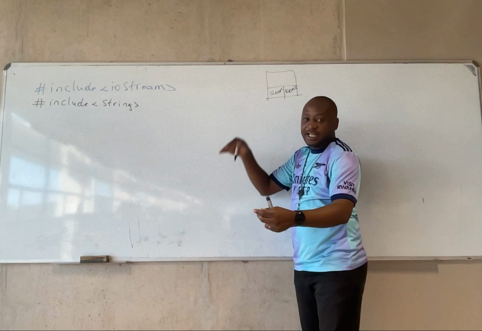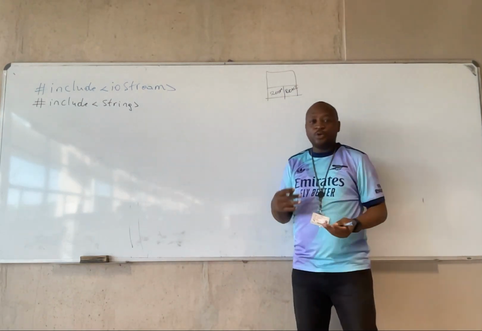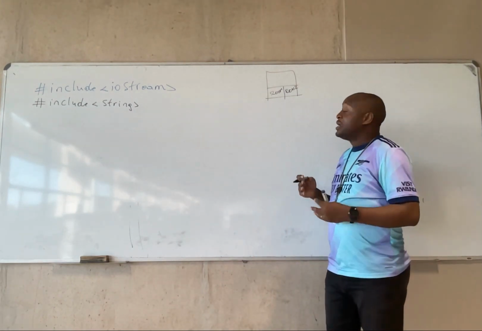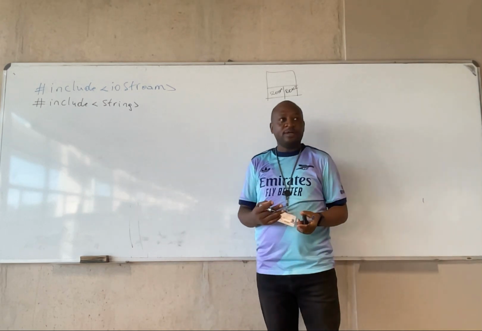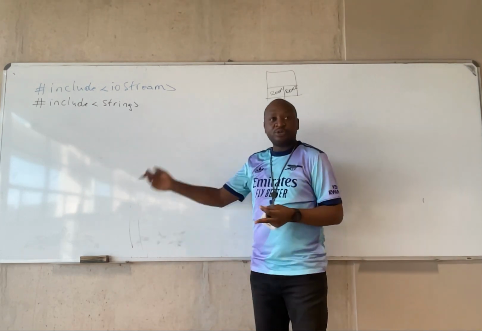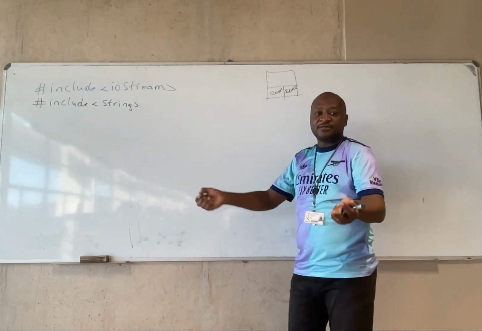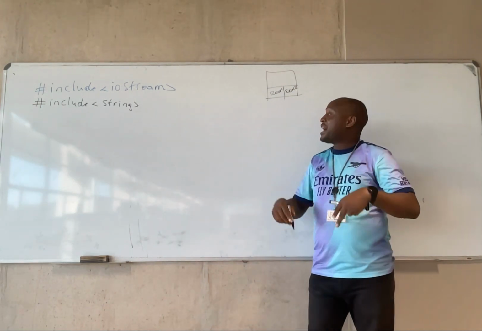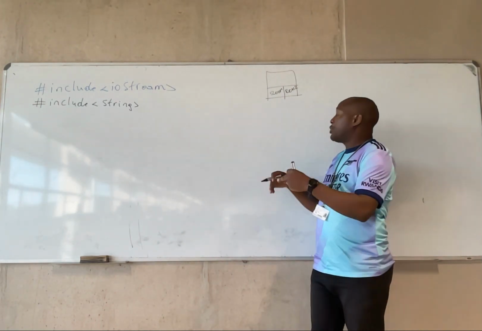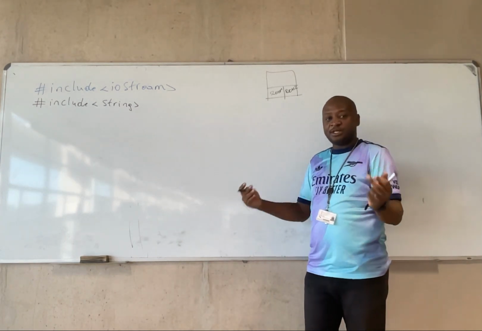So we need to declare some variables where we do not know what the variables will be used for. In our case, we just want the user to input their name and their surname and so forth. So we just create variables of type string, which the user will use for inputting names and so forth.